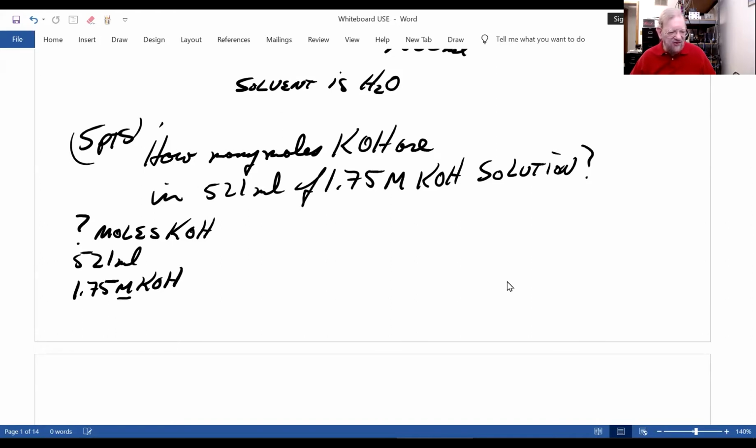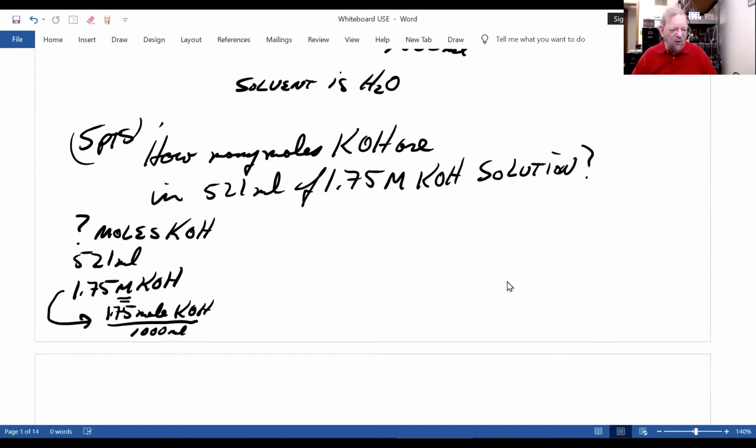As soon as I see the capital M, I know I'm dealing with molarity. So the best thing to do is, what does that really mean? And you know, that's moles per liter. How many? 1.75 moles KOH per 1,000 milliliters.